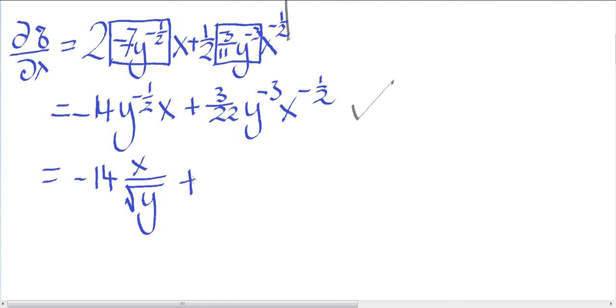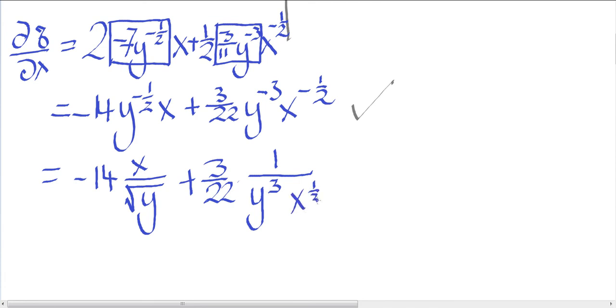But don't be afraid, go a little step further and change that y up to the half to the square root of y. The same idea here again. Never mind about that fraction, just keep it outside. Now I'm going to take both of these letters down, and y to the minus 3 in the top would change to y to the plus 3 in the bottom. The same idea with the x, it would change to x up to the plus a half on the bottom here.